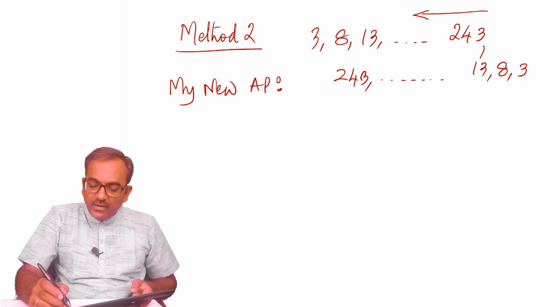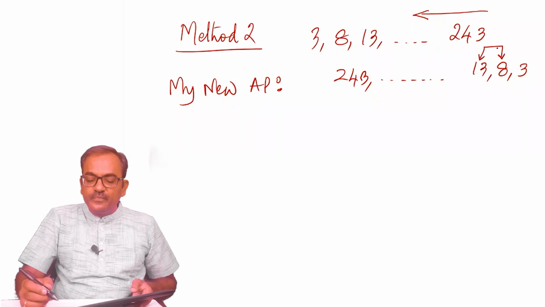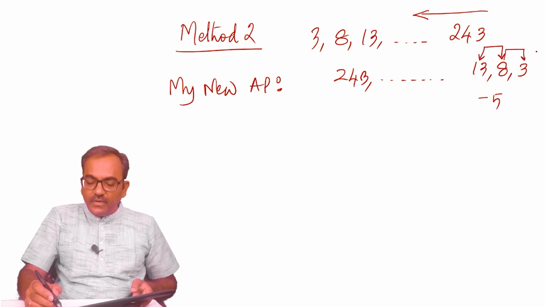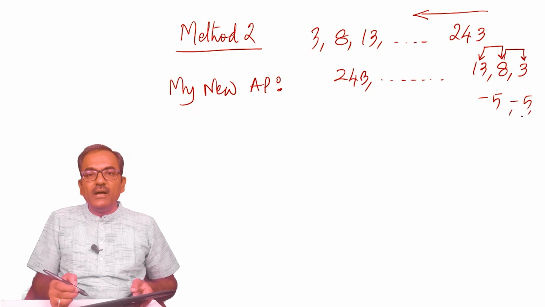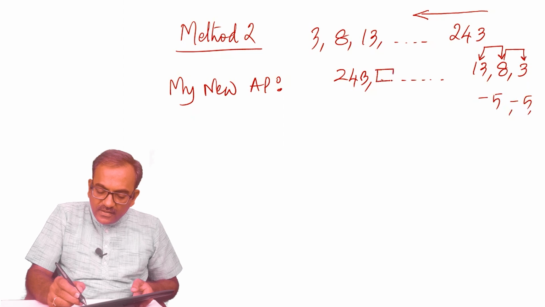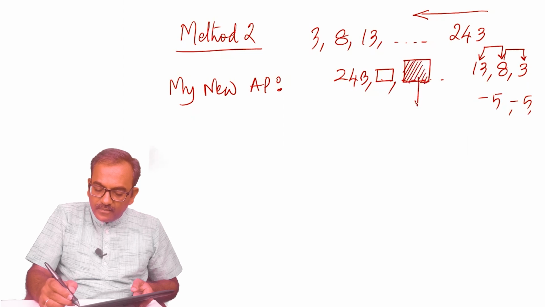Now look at this. What is the difference? From 13 to 8 it has come, therefore the D value is minus 5. From 8 to 3 it has come, therefore the D value is minus 5. And this is the second term, and here I have the third term which I need to determine.